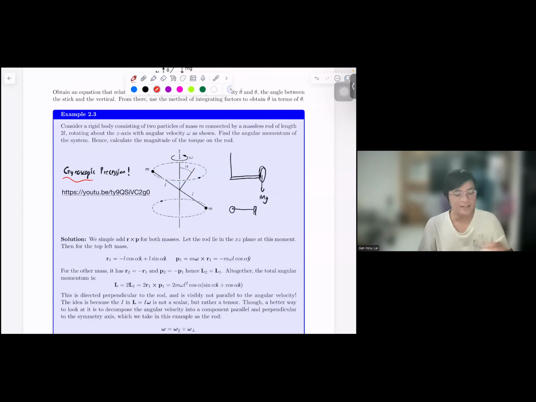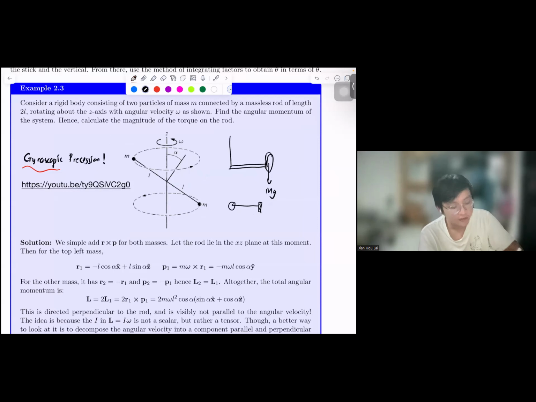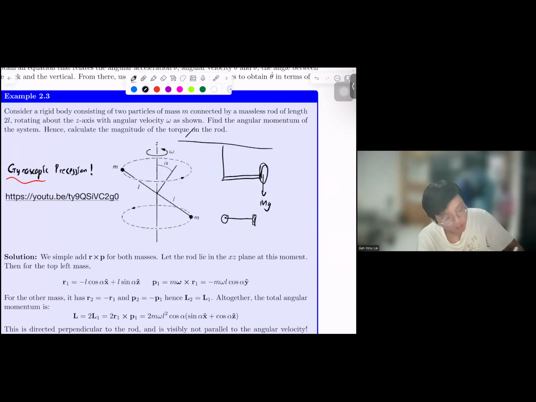Okay, so the idea is that for gyroscopic precession, let's say you have an object hanging from a wall, and this is the wheel. You can rotate it in the anti-clockwise direction.